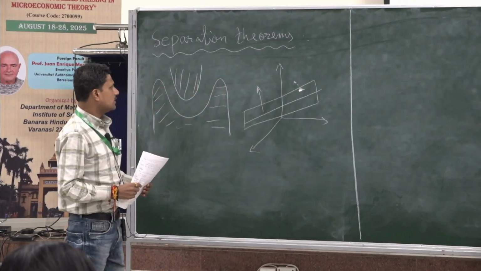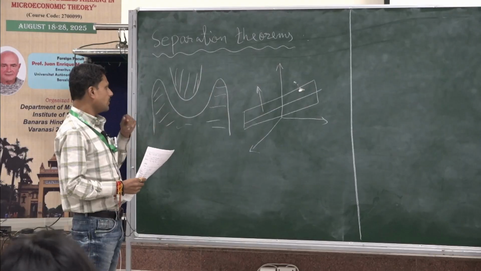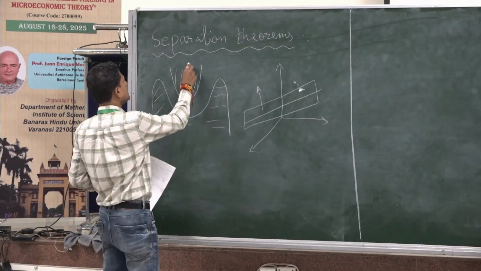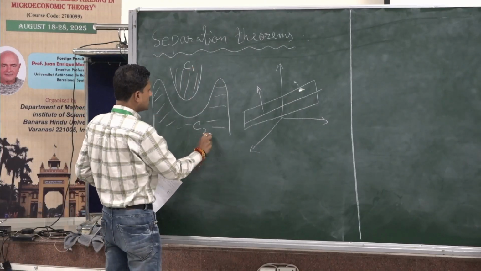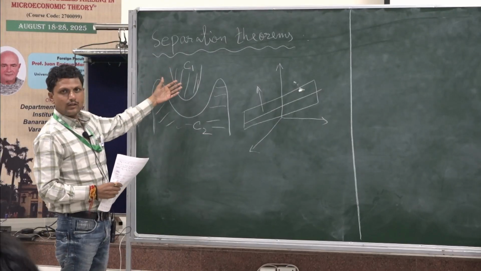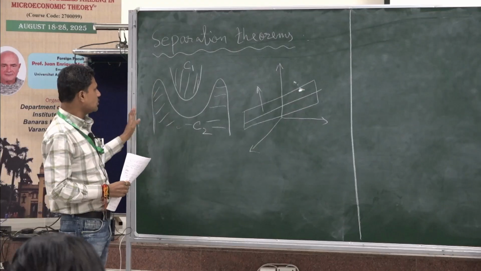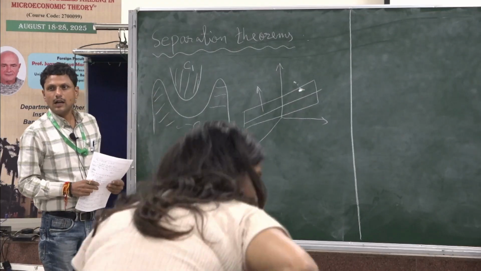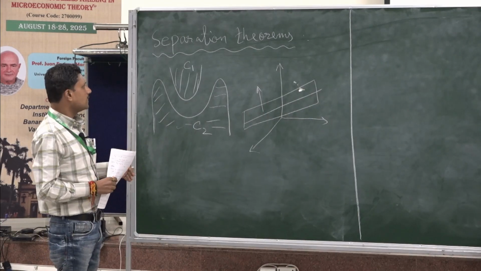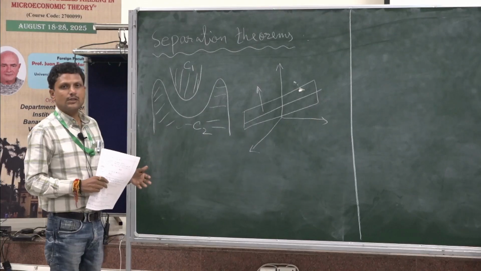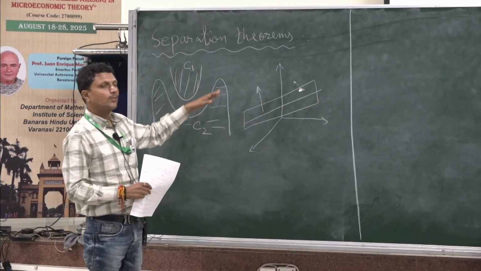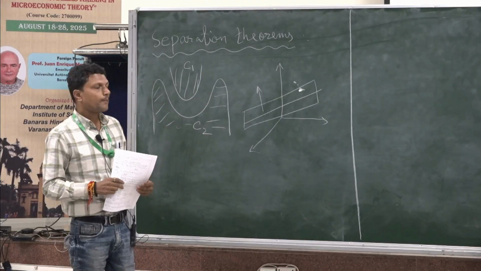Is it possible to find a hyperplane so that this set C1 is on one side of the hyperplane and that set C2 is on the other side? If it is possible, what are the conditions under which we can find such a hyperplane that will separate any two given sets?